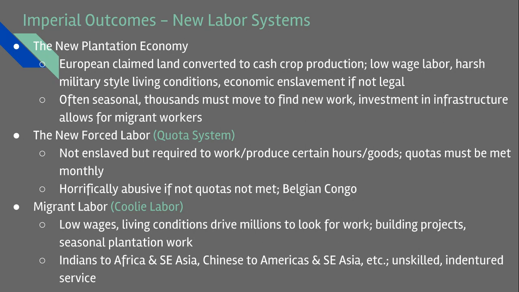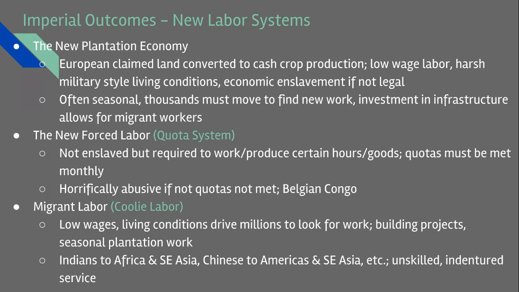In some cases, the punishments for not meeting quotas are horrifically abusive. The most notable example of this is in the Belgian Congo under King Leopold II, where entire villages are burned down.